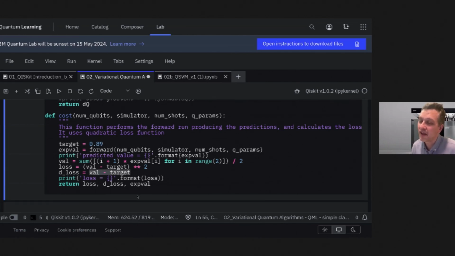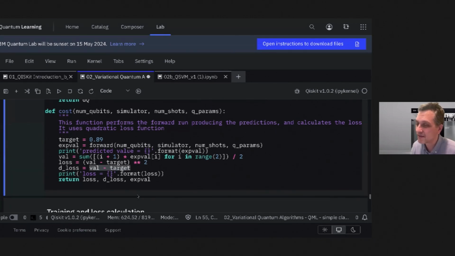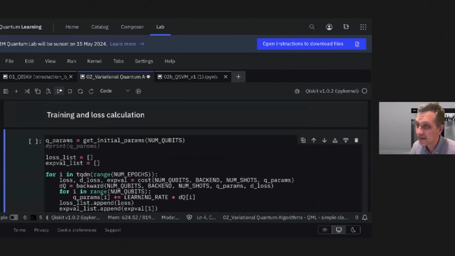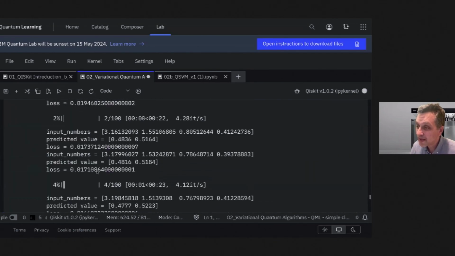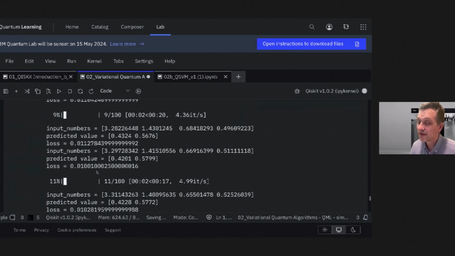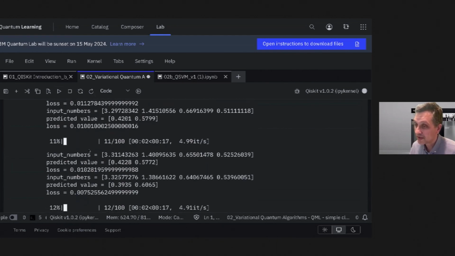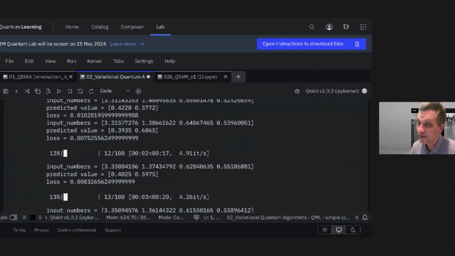It is not really a machine learning system. It's just a proof that we can train this. And this way we can start running circuits and getting different values for these loss. Each iteration, it will change the value of the rotations in the circuit, and make a measurement.